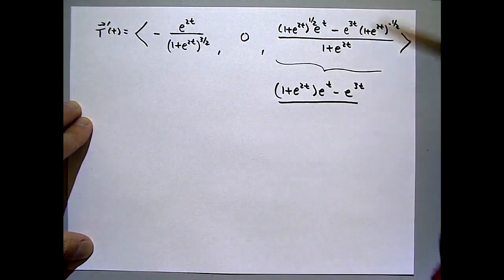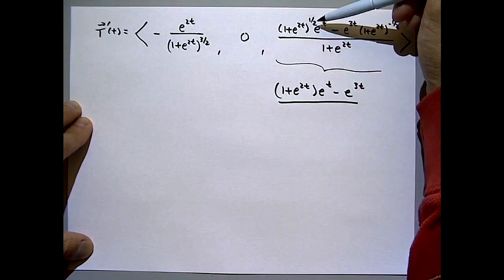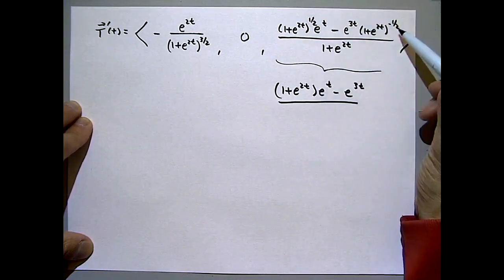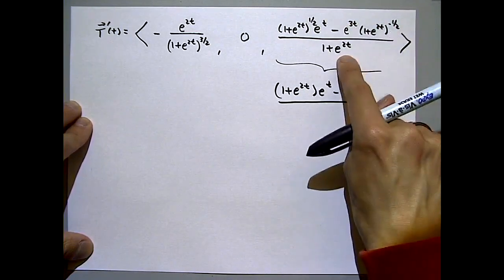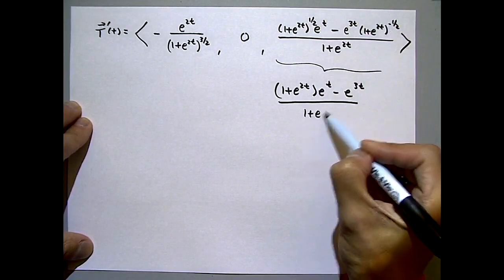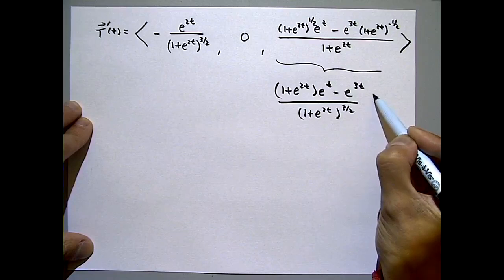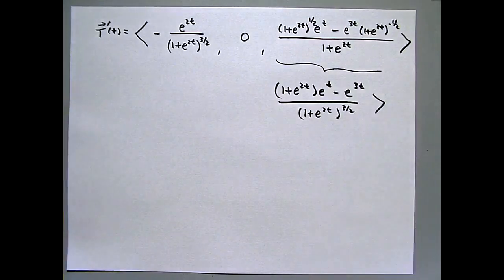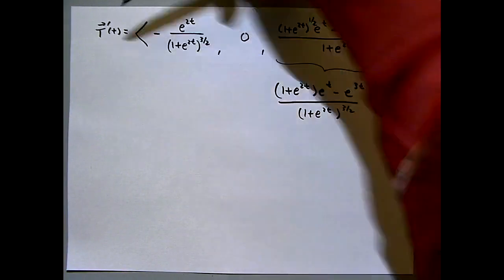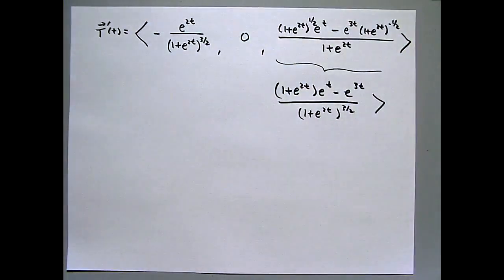What that does is make this to the first power, make that a 1, and make this 1 plus e to the 2t to the 3/2. And that may not be strictly necessary because we're going to plug in a value for little t anyway, right? But it just makes things a little bit more manageable.